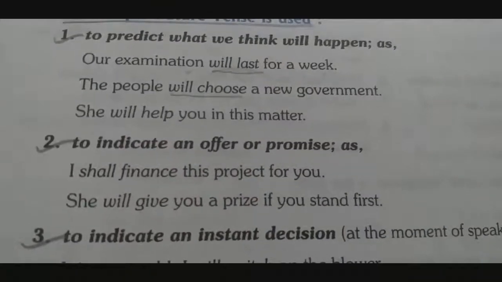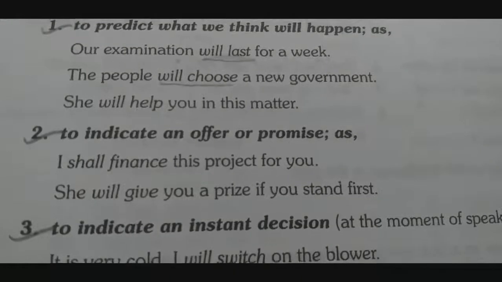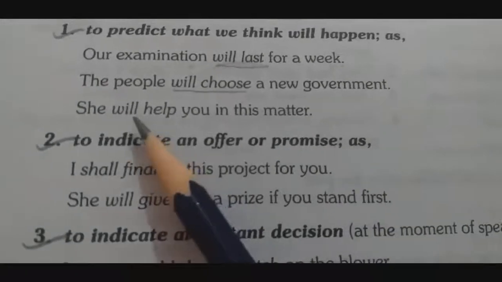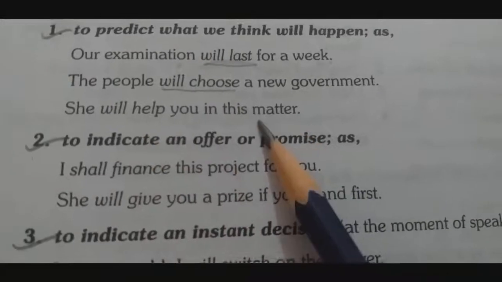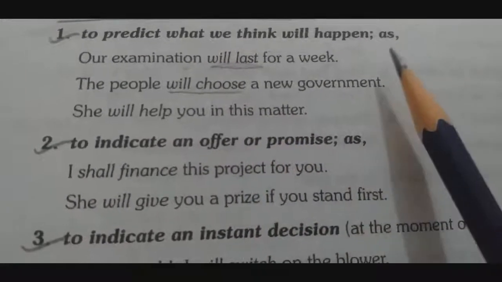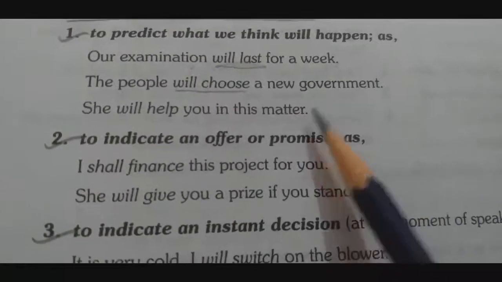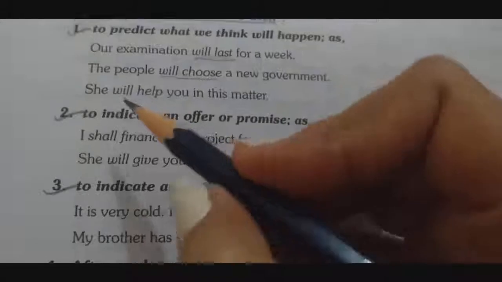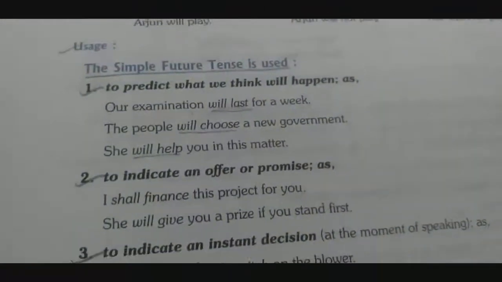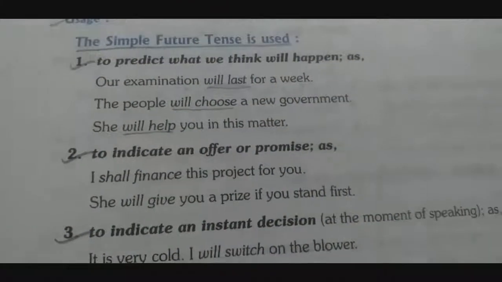Suppose I am telling you that you can take the help of Radha. So Radha will help you in this matter. That means I am telling you to go with this offer and tell Radha, and then she will help you in this matter. So in the same way, "will help" is also used in the simple future tense.